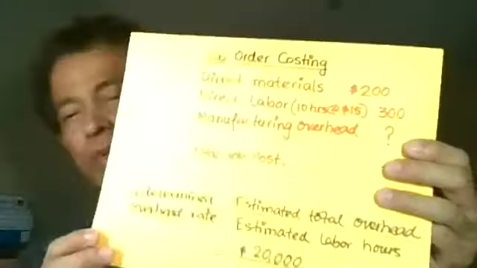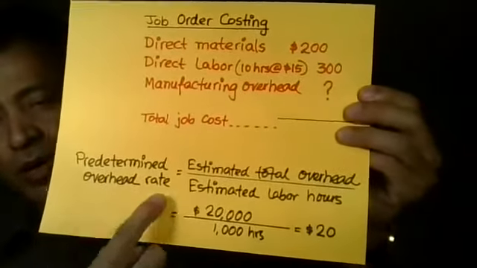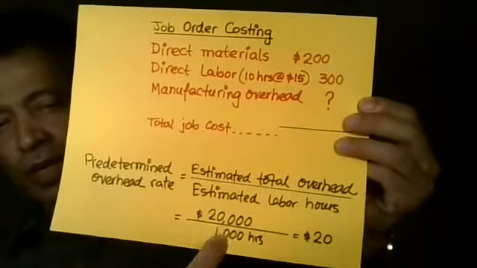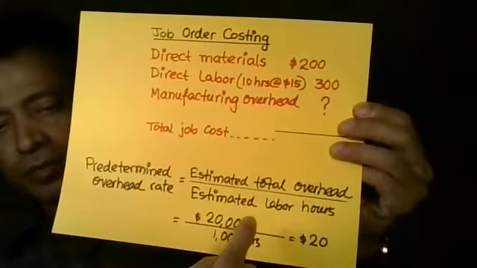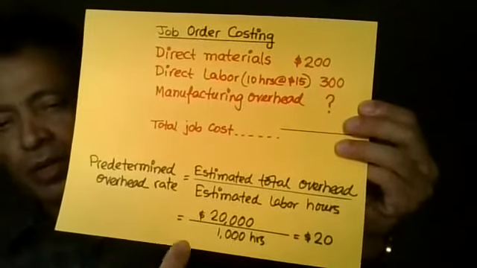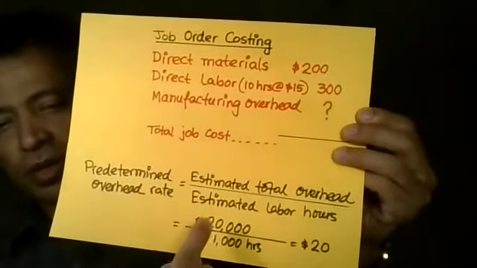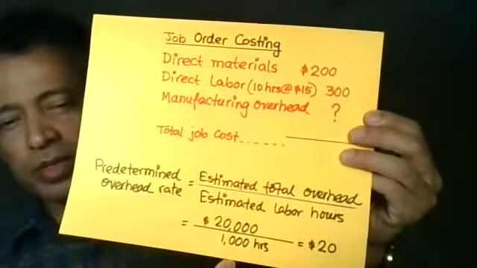So how much manufacturing overhead do we have to assign here? So I calculated the predetermined overhead rate first. You can see the same formula, estimated total overhead divided by estimated number of hours, estimated labor hours here. So our total estimated overhead cost is say $50,000 divided by 1,000 if that's the planned number of hours that we'd like to work.